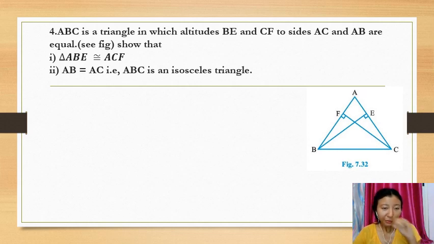Okay, here in this case, ABC is a triangle in which altitudes BE and CF to sides AC and AB are equal. So altitudes BE and CF are equal.